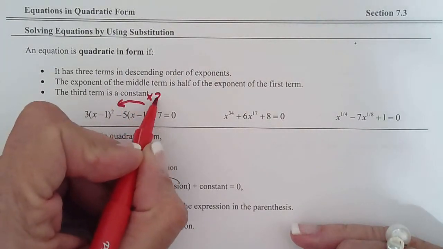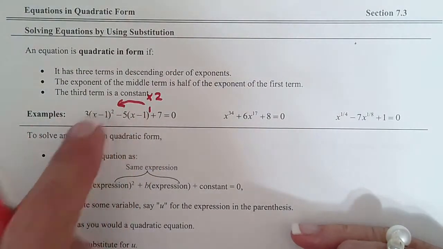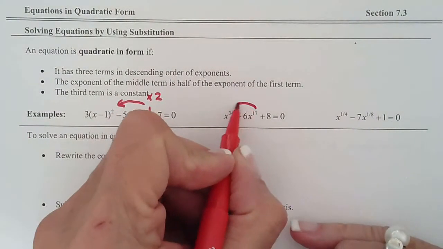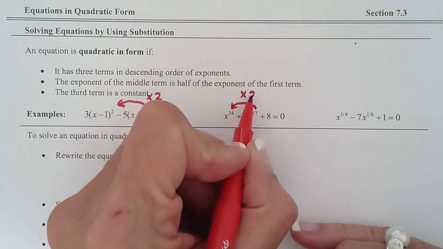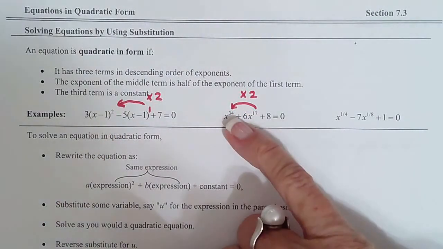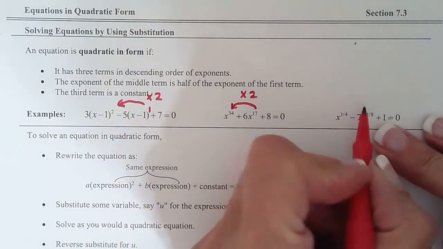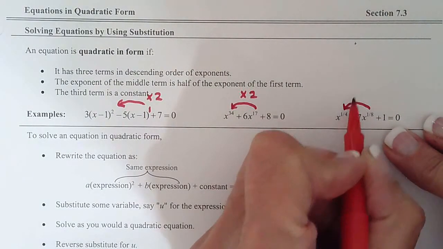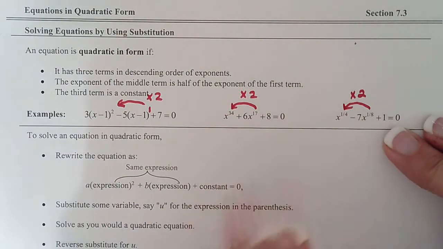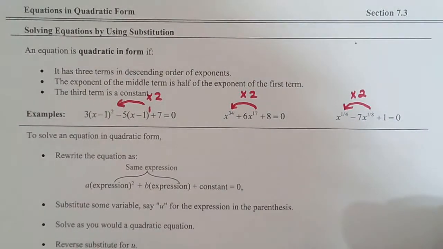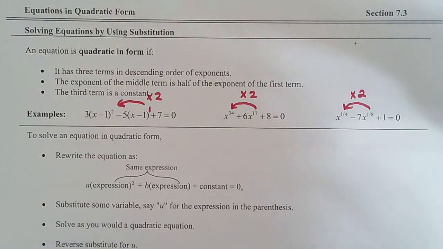The exponent on the middle term times 2 will give you the exponent on the leading term. This one, the exponent's 1/8, and if you type 1/8 times 2 in your calculator, you get 2/8, which is 1/4. So that's how we can tell something that's quadratic in form.